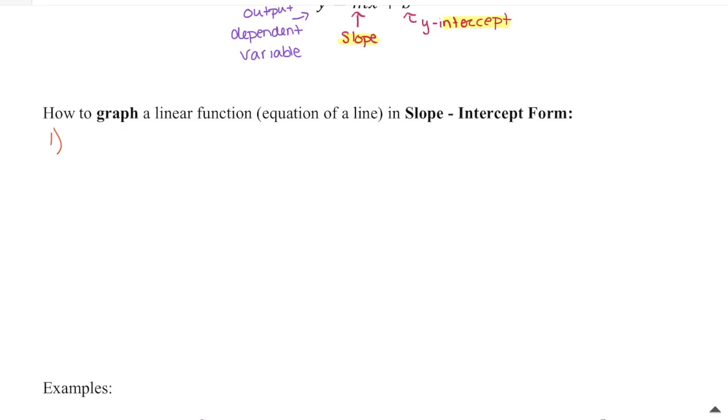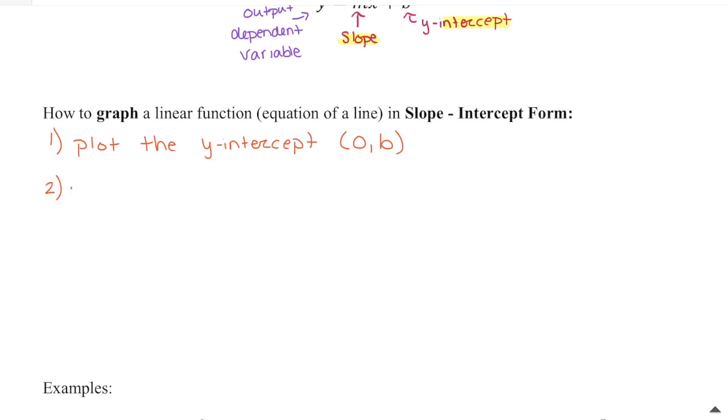The first thing you're going to do is plot the y-intercept, (0, b). Okay, remember the y-intercept is always a point that goes on the y-axis.